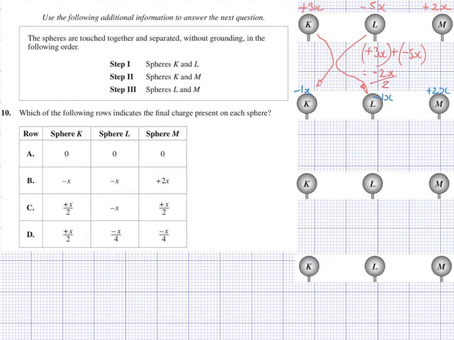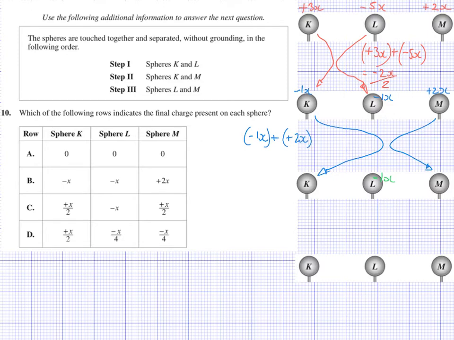Okay, step 2. In step 2, spheres K and M touch together. So K is going to come all the way over here and touch M all the way over here. So I can go ahead and put in my L charge. L is not changing, so this is going to stay as a negative 1x. And now I've got to keep track of my K and M. So let's do it over here. We're going to say that we have a negative 1x added to a positive 2x.